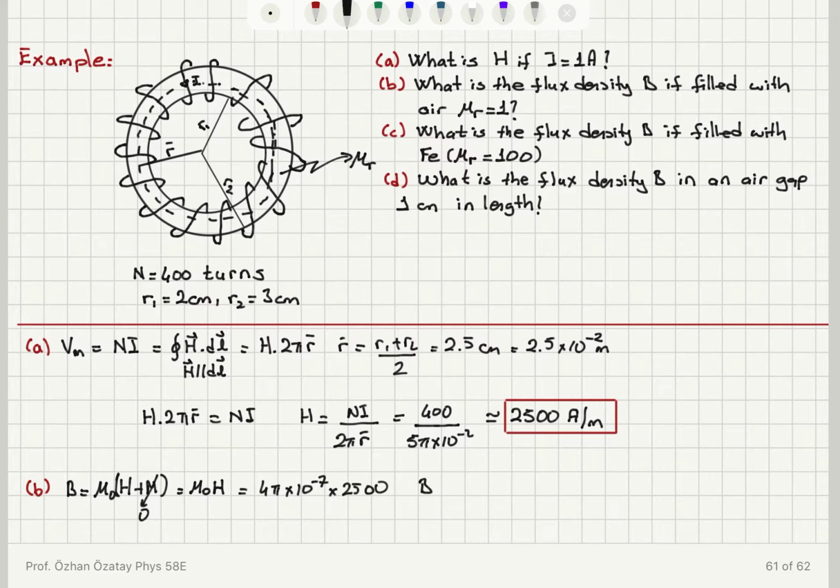This gives us a B value inside of 3.1 millitesla. So tesla is the unit in SI.